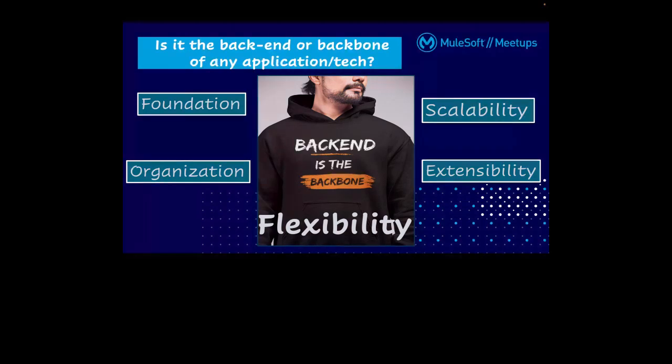Now there are so many reasons why backends are important. It's the backbone, right? It handles the system integration. The backbone is very necessary for performance optimization, because all the calls happen in the backend.